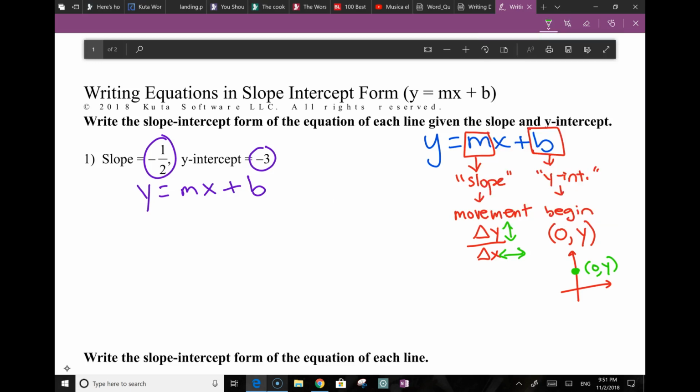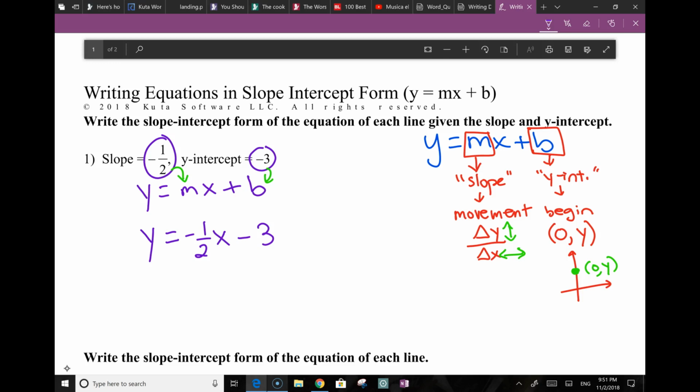All that's going to happen is I'm going to take my slope, drop it in there, and I'm going to take my y-intercept, drop it in there, and rewrite this with those values in place. So the slope-intercept form is y equals -1/2 x minus 3. It's not necessary to write plus -3. You could if you want, but a simple -3 would do just fine.